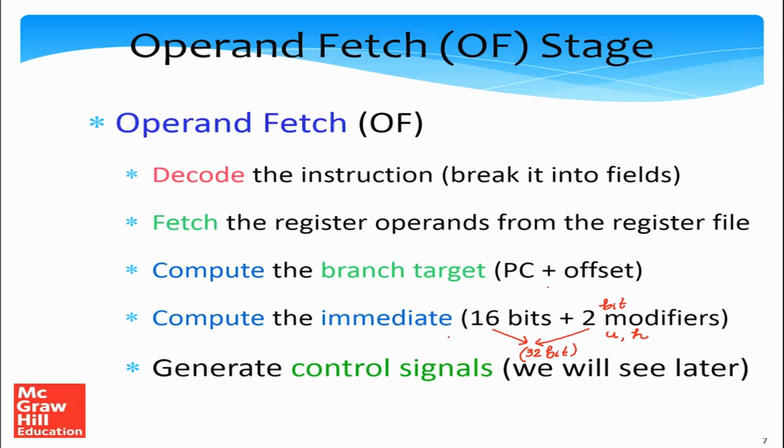The default behavior is to extend the sign, but we can override this default behavior with the U and the H modifiers in the instruction. Finally, we also need to generate control signals, but we shall see that later. The main aim of the OF stage is thus to understand the instruction, fetch the operands, and compute the 32-bit branch target and immediate after taking the immediate modifiers into account.